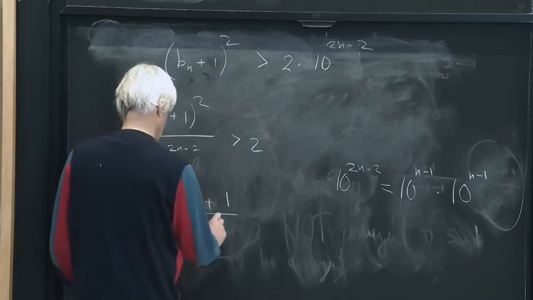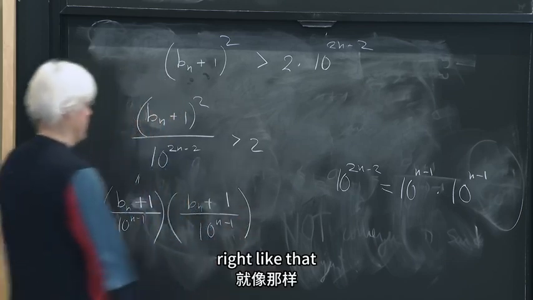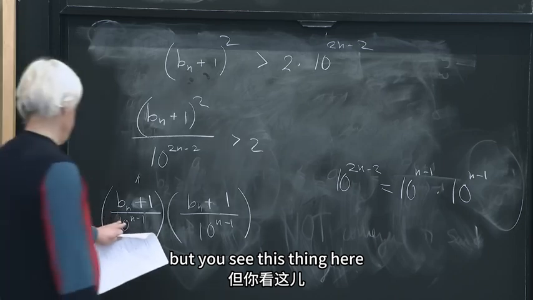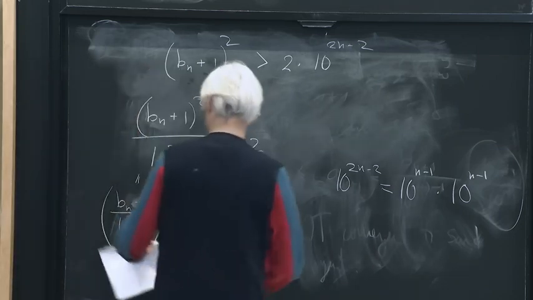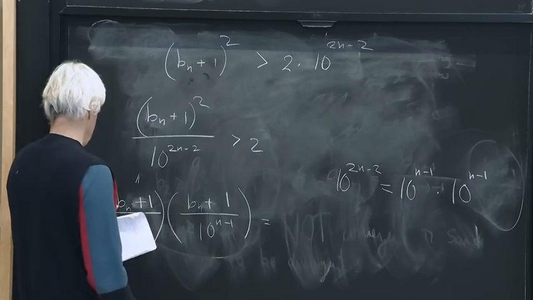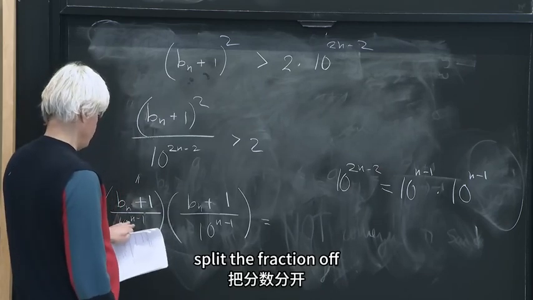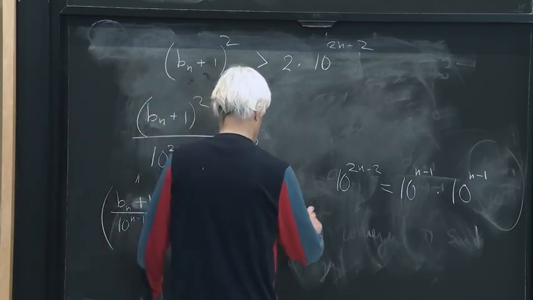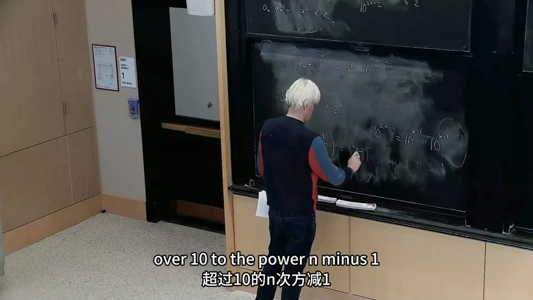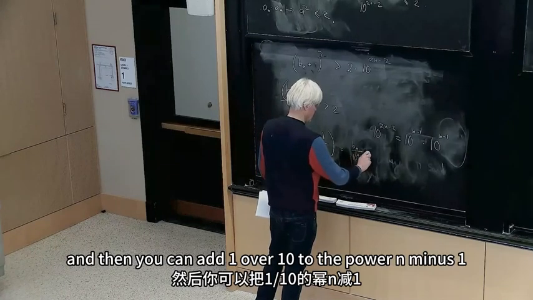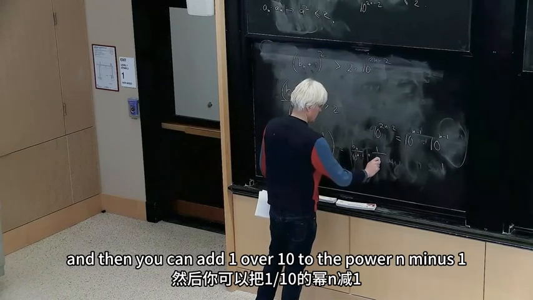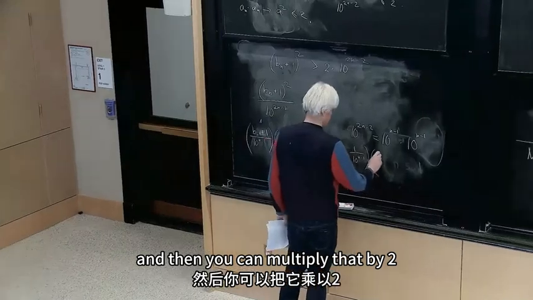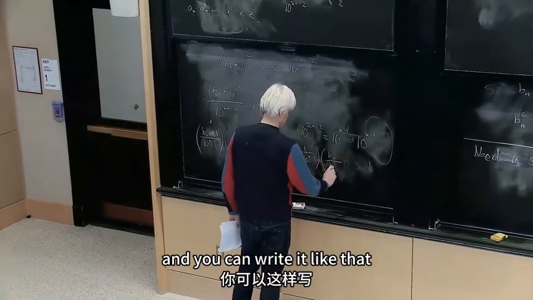So you write it like that. But you see this thing here, you can split the fraction up. You can write it as bn over 10 to the power n minus 1, and then you can add 1 over 10 to the power n minus 1. And then you can multiply that by itself. Right? You can write it like that.